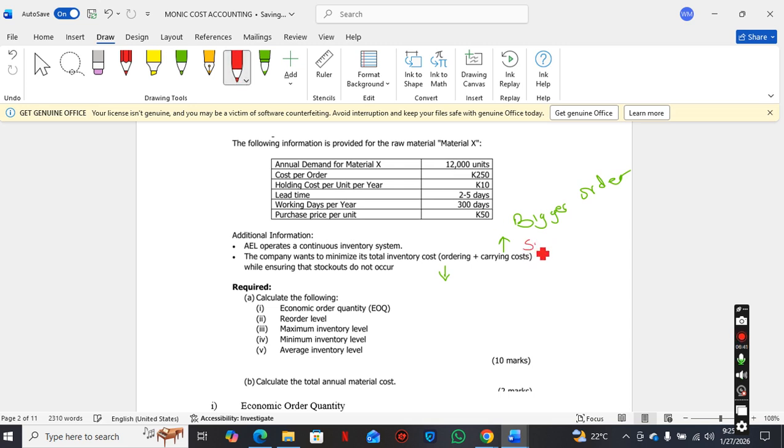Then the smaller the order, meaning you have to make more orders, your ordering costs will go up. But since you're bringing in smaller amounts, carrying costs are going to go down. So the EOQ is trying to minimize both of these. I hope we are all okay with this point.